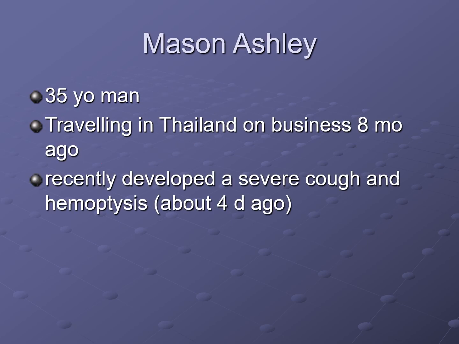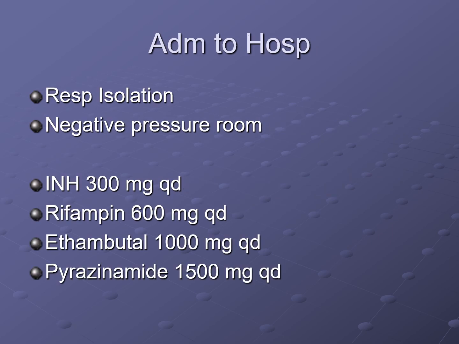So Mason is a 35-year-old guy. He's been traveling in Thailand, or he did travel in Thailand 8 months ago. And now he's coughing and he's got bloody sputum. Now, when someone has been to an area where tuberculosis is endemic, we become very concerned. One way to diagnose TB is to do sputums for AFB, which they did do, and his were positive.